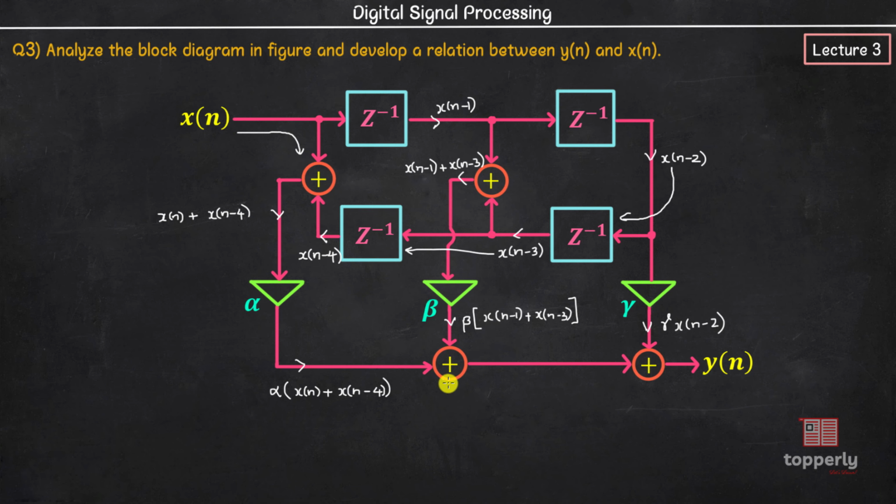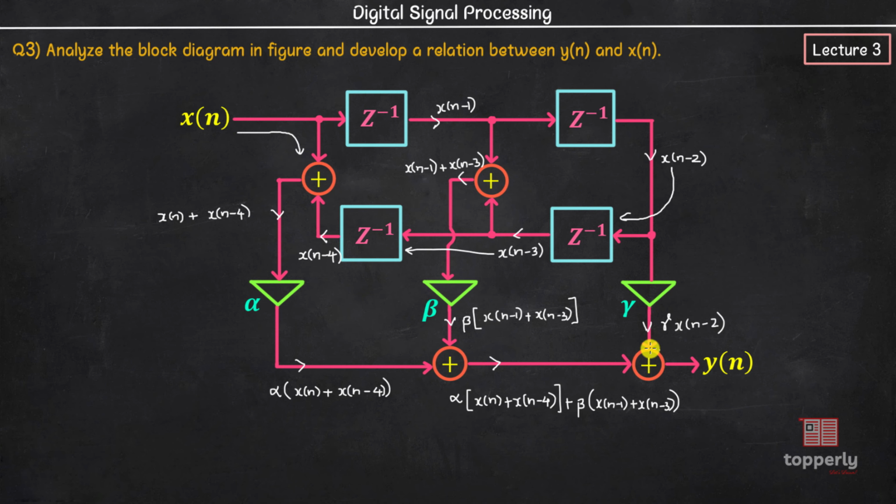Again we have adder circuit here, so the output here will be alpha times x of n plus x of n minus 4 plus beta times x of n minus 1 plus x of n minus 3.